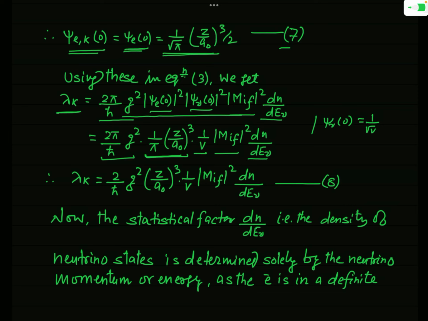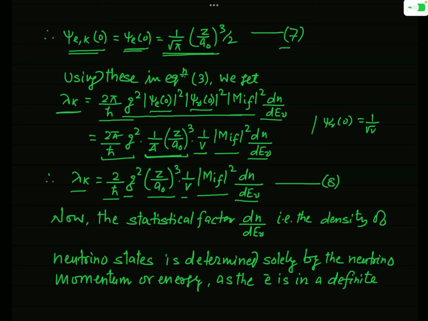Now this pi and this pi will cancel out, and our result will be lambda k equal to 2 over h bar times g square times z over a naught whole cube times 1 over v times mod of mif square times dn by de nu.